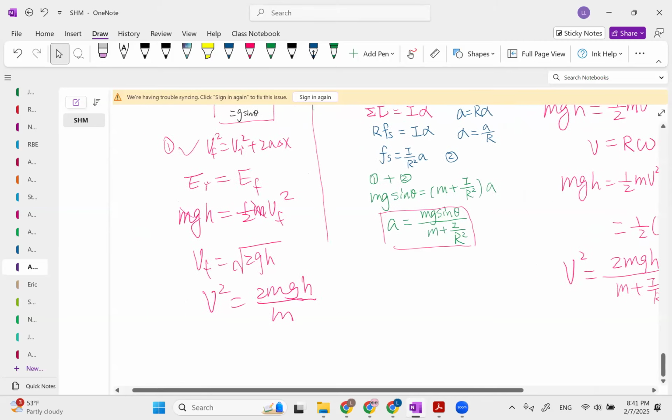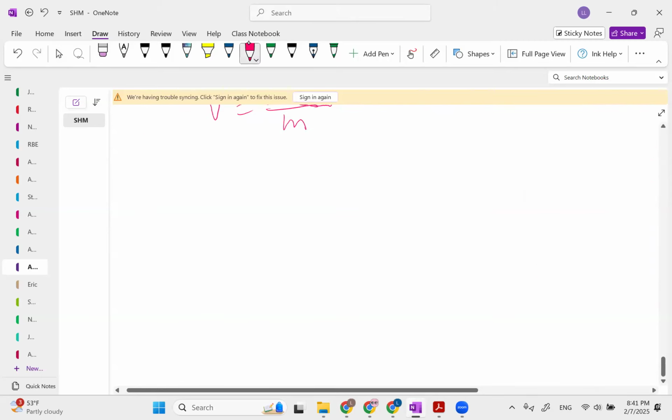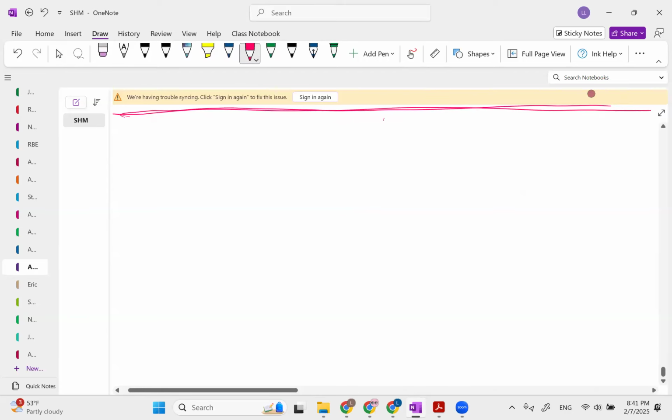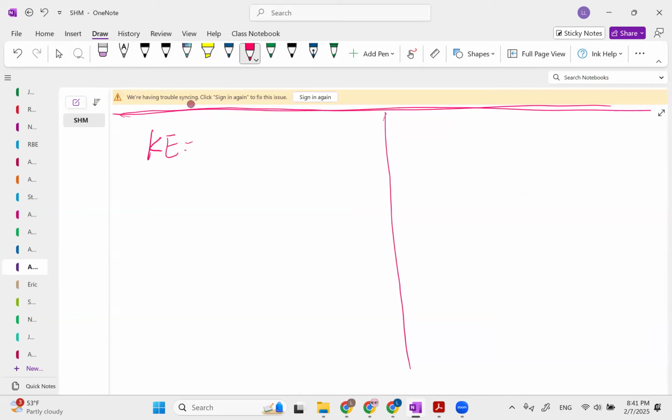Let's put it together for translational kinetic energy and rotational kinetic energy. You can take notes, okay? When we talk about translational kinetic energy, there's a half mv squared, right? Correspondingly, rotational kinetic energy will be half I omega squared, right? And then working energy, what else do you know in working energy?